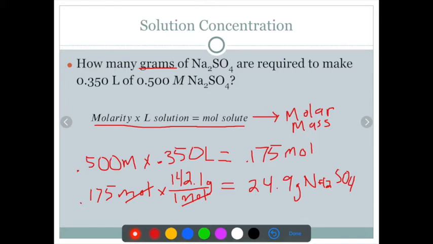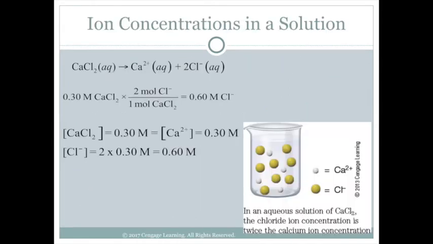Okay, we can also figure out concentration of ions in a solution. So we learned all about how soluble ionic compounds and strong acids and strong bases completely dissociate in water. So since they dissociate in water, we can figure out the concentration of the ions in the water. So all we have to do is make a mole-mole ratio between the compound and the ion.